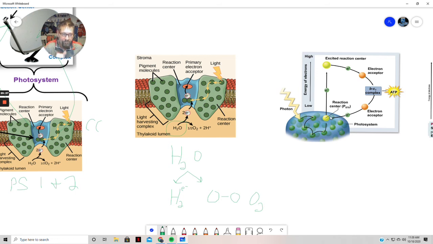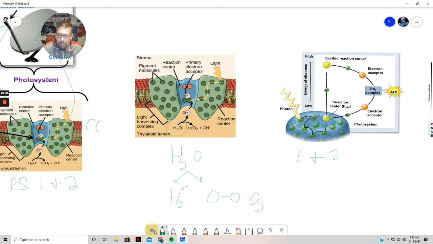Because this is a general deal, so this could be photosystem one or two, but the same thing happens in both. What happens next is different between the two, but this same process of collecting energy, the electrons getting energized and coming out of that center, being accepted by an electron carrier, happens in both over and over and over again.